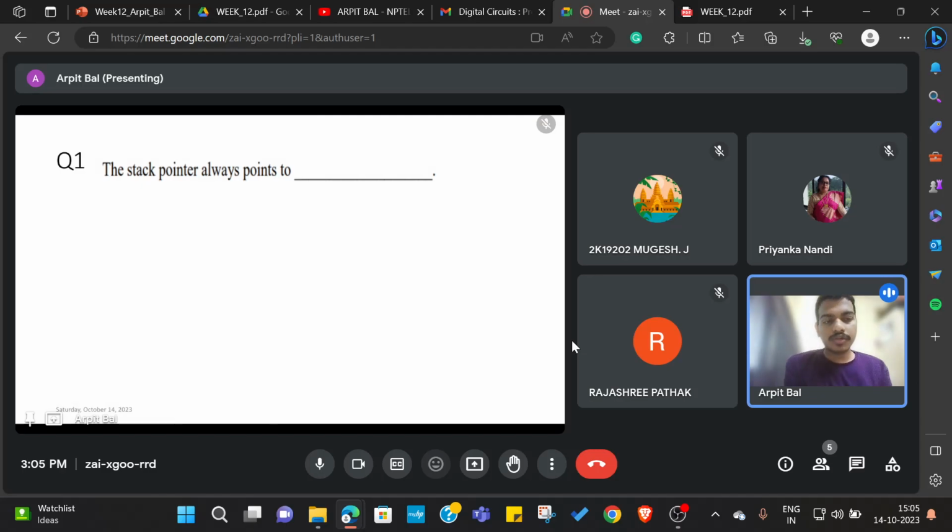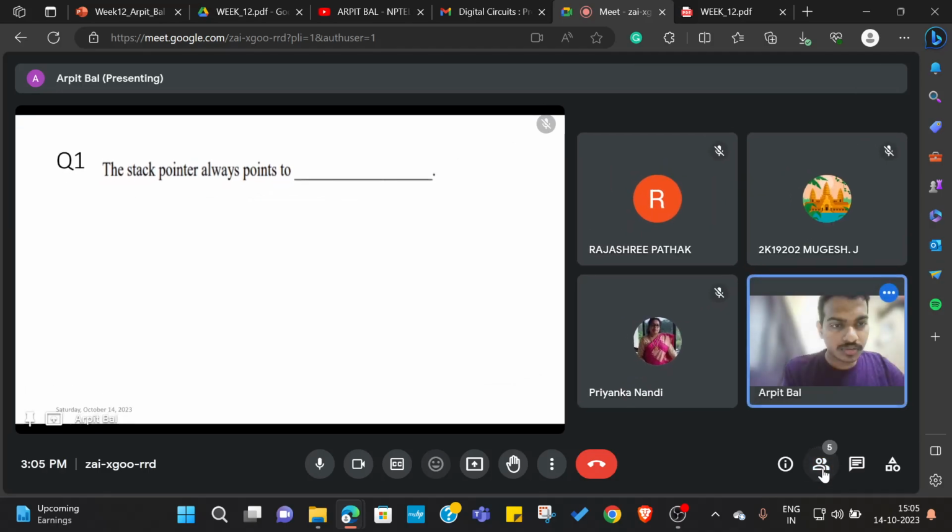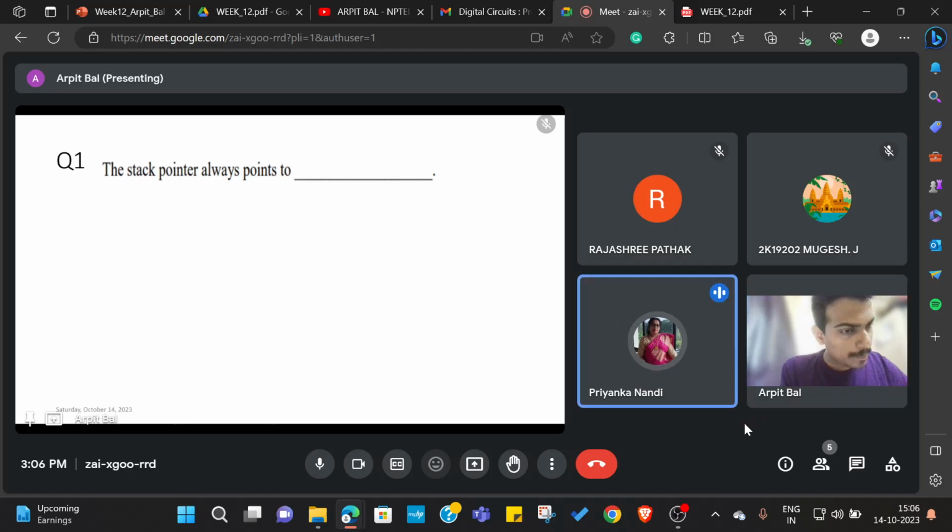Okay, so the first question is, the stack pointer always points to which location? Can someone answer this question? The location which is defined by the user, just before that location, means -1 of that.